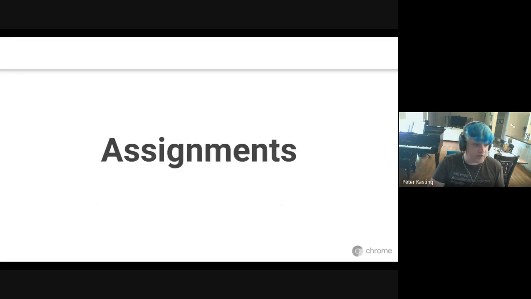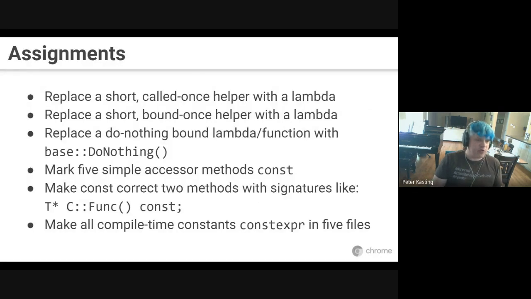All right, assignments. Yay, my favorite part. So hopefully these are mostly self-explanatory, but I'll just go through them very quickly. You can try doing any or all of these things. If you do, you are welcome to send code reviews to me, and I will review them. You're also welcome to send those code reviews to owners of the relevant areas.